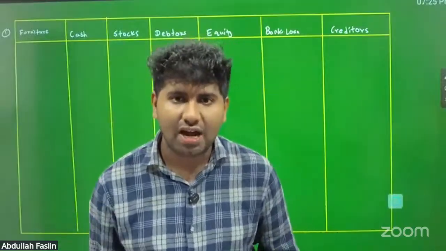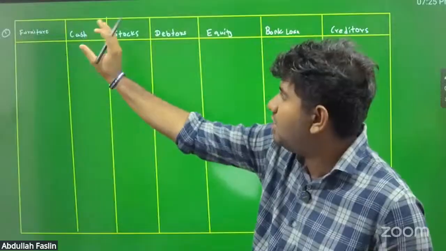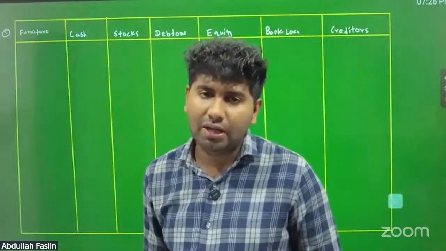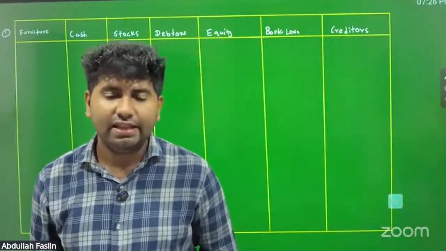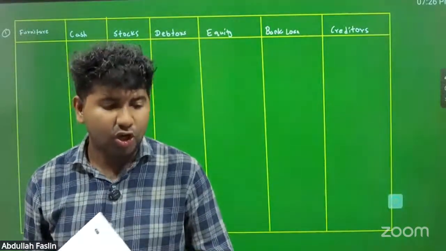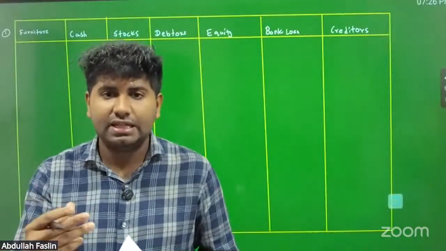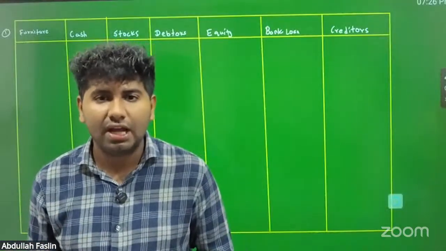He does not have any furniture, cash or stocks opening balance. If he has started the business newly, there is nothing called opening balances. Opening balances are there only if he was running the business for some time.